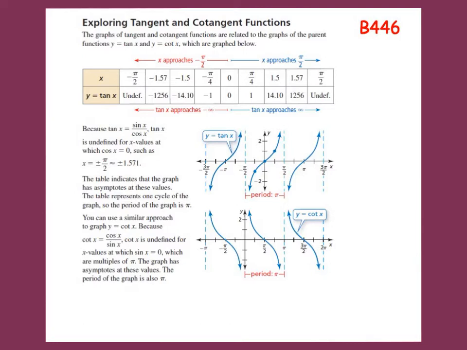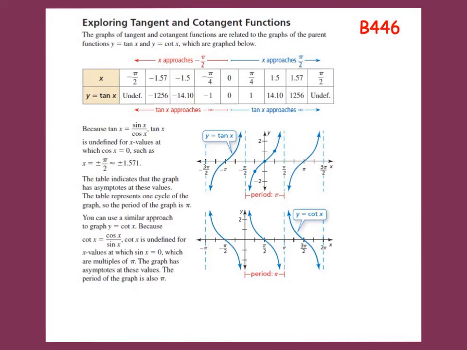Our sine and cosine functions had a period of 2 pi, but for this graph the period is only pi, because it goes from negative pi over 2 to 0, which is a half pi, and then from 0 to pi over 2, which is another half pi. Together they make up the whole pi, which is the period.